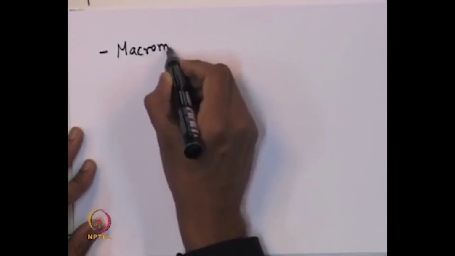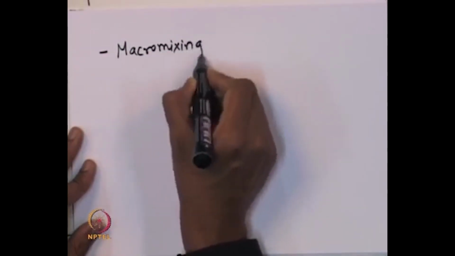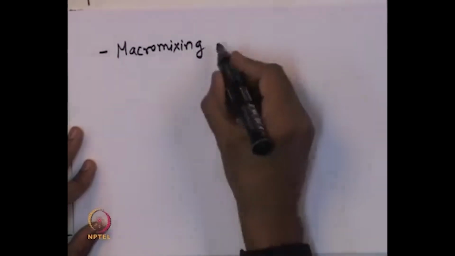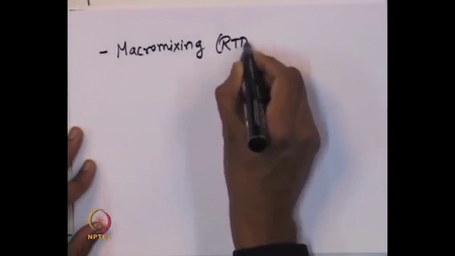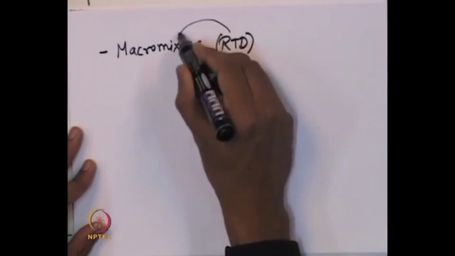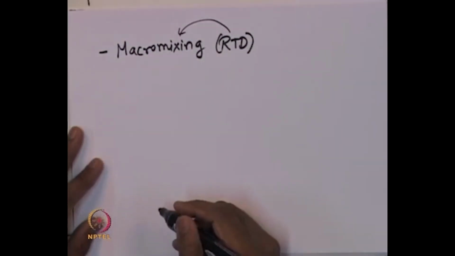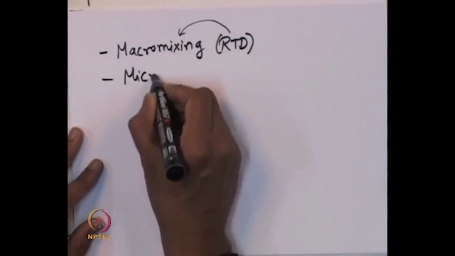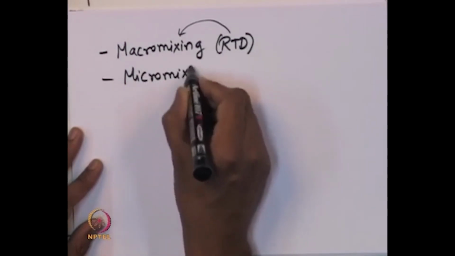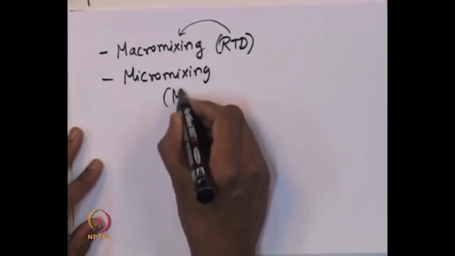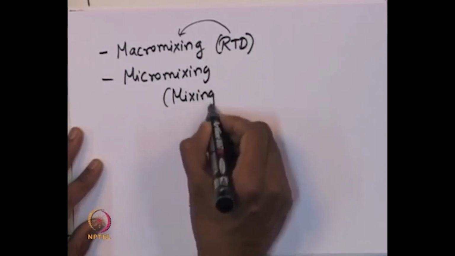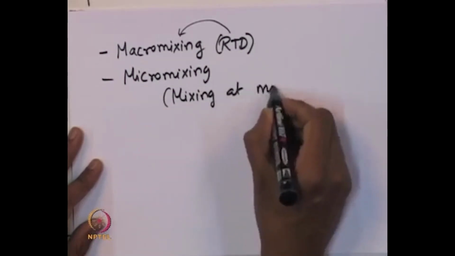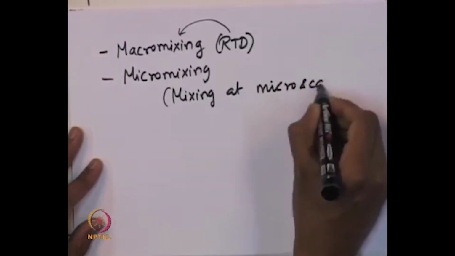So, one needs to actually look at the macro mixing, which is basically the residence time distribution which captures the macro mixing. One needs to account for macro mixing in the system, and the other aspect is the micro mixing, that is, this is the mixing at micro scale.